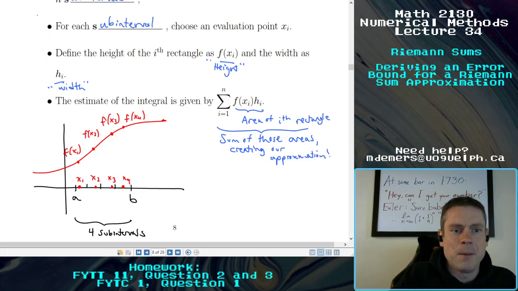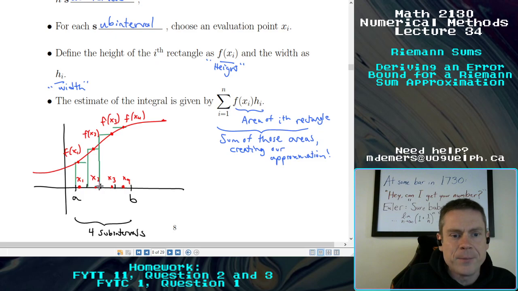And you see, my four rectangles are going to be defined by this height right here. Let me just firm that up a little bit. So this height right here, and this height right here, and this height right here, and this height right here. And you can see, I can just draw these little rectangles right here.